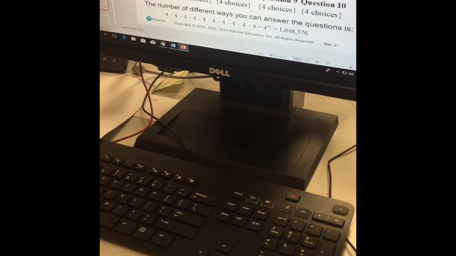So for question 1, question 2, question 3, all the way to question 10, there are 4 choices for each. So if you choose an answer for each question, there are 4 different ways to choose for each one. So 4 times itself to the 10th power.